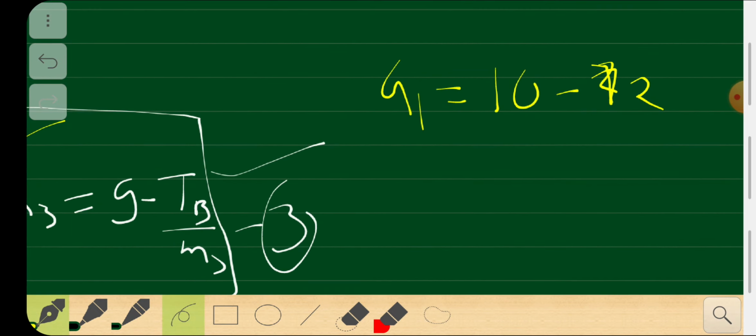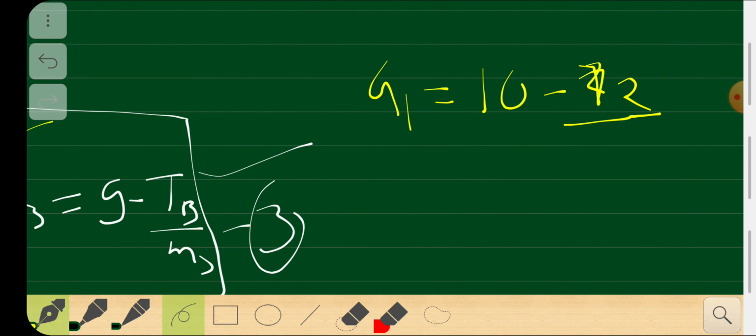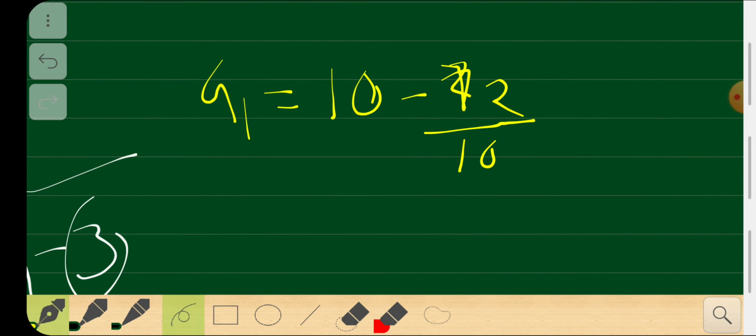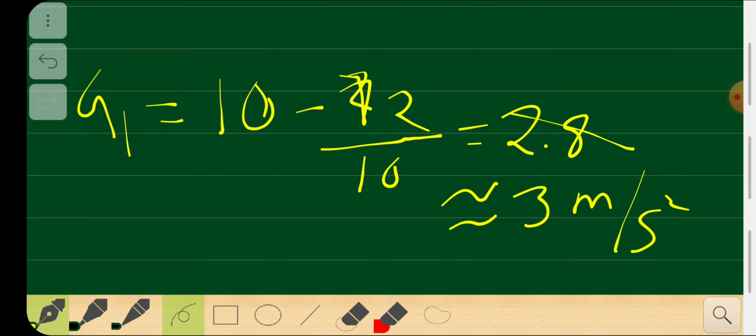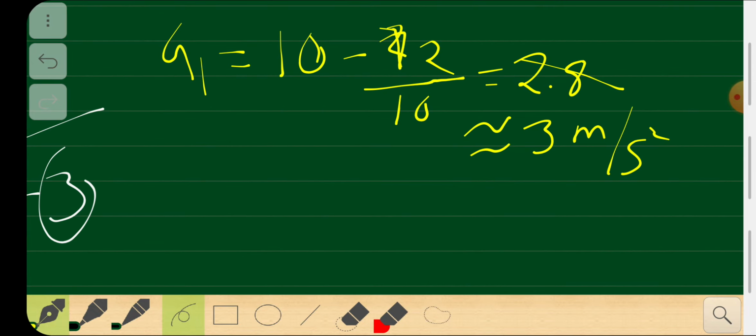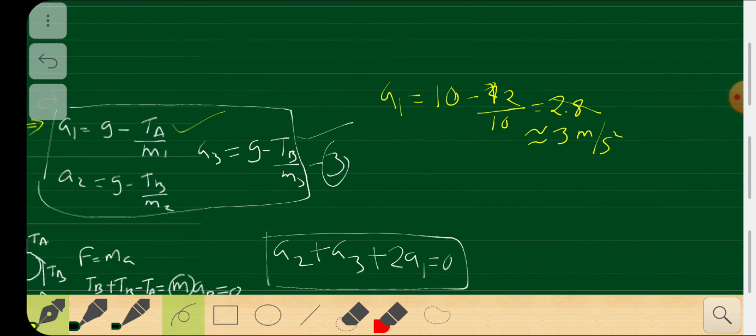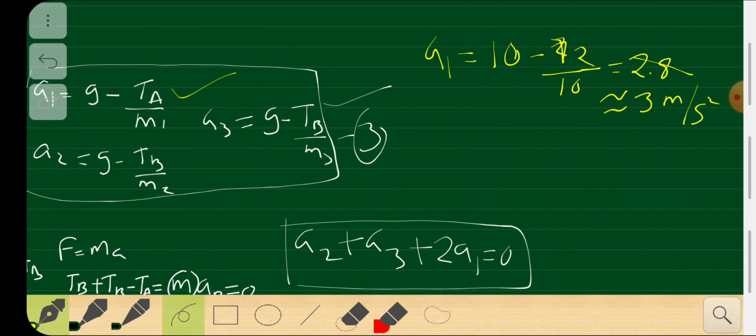So 72 by 10, that will be around 2.8 or something like 3 meter per second square. That's the acceleration of a1. You can calculate the exact value because you guys can use a calculator.